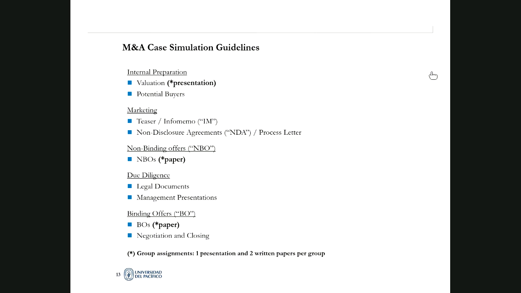For the rest of the course, remember, first class we had an introduction, then we reviewed the case study of Maestro, then we did an explanation of what an M&A pitch is as a way of introducing an M&A process, and today we started with the internal preparation of the company. This is the first section.